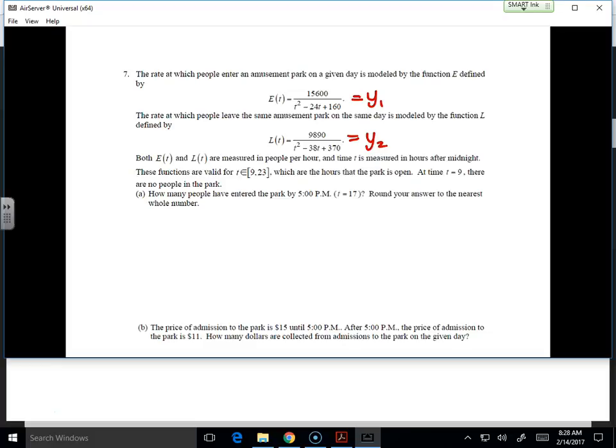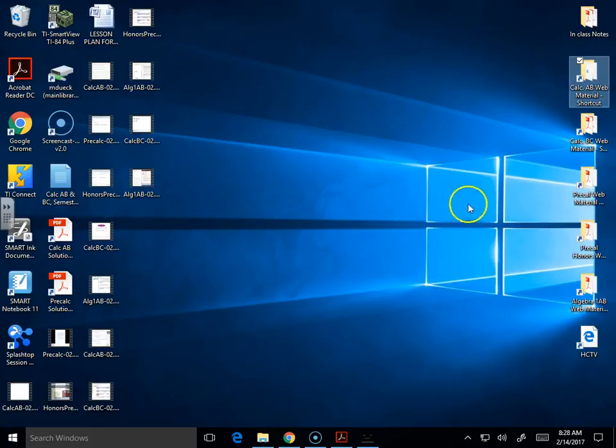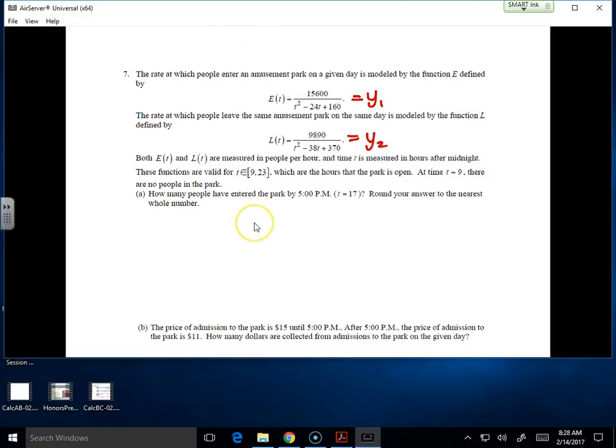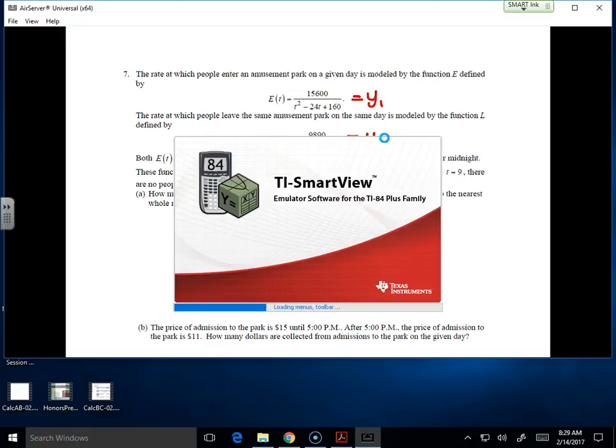So right now in your calculator, go ahead and plug both of these functions in as Y1 and Y2. Doesn't mean we'll necessarily use the graph. But then we can use these functions over and over again if we need to, without having to type them in over and over again.